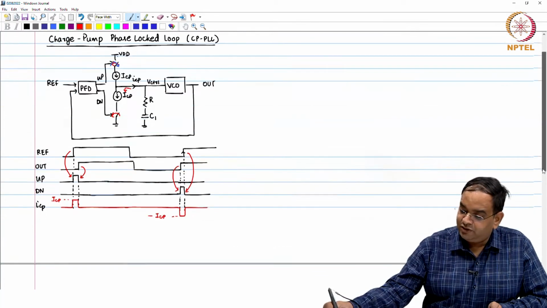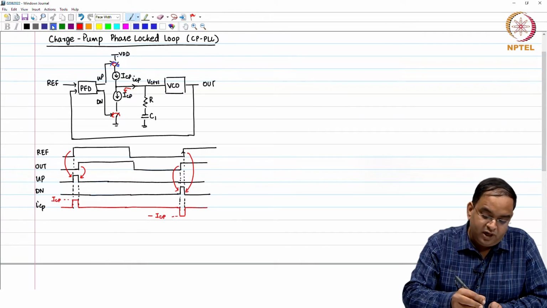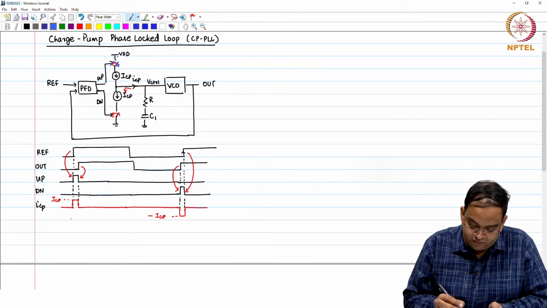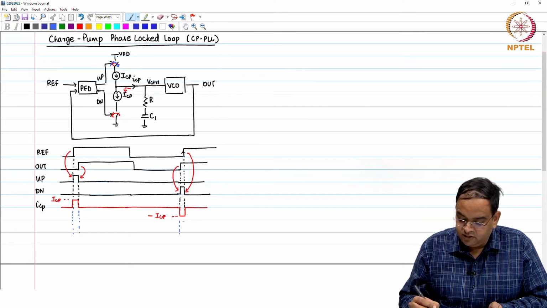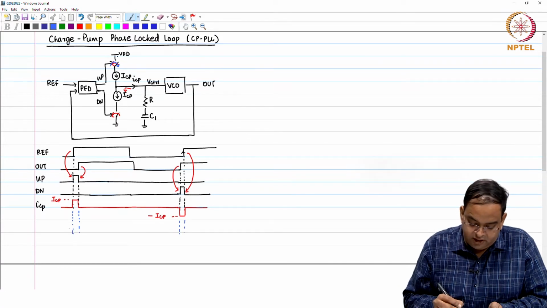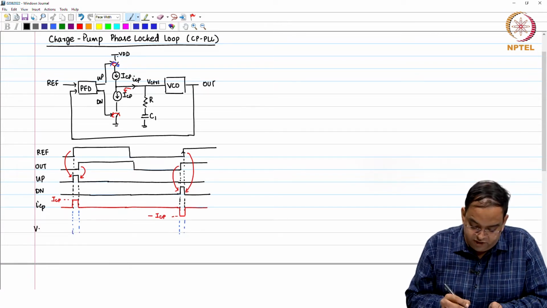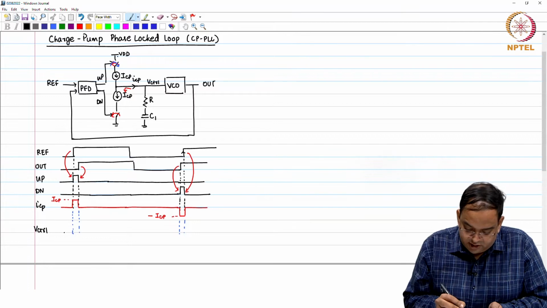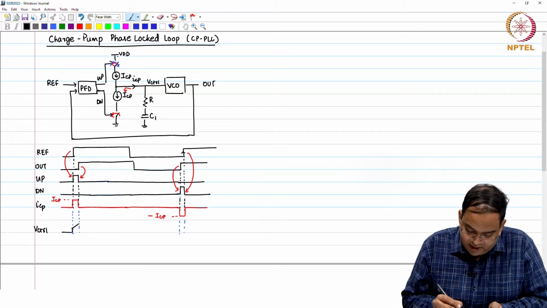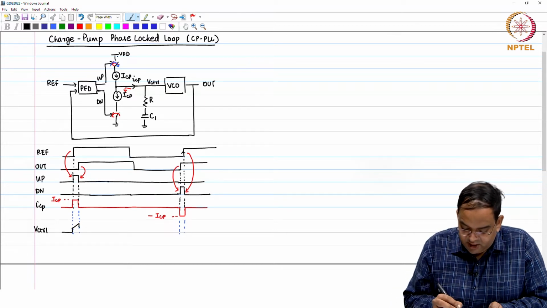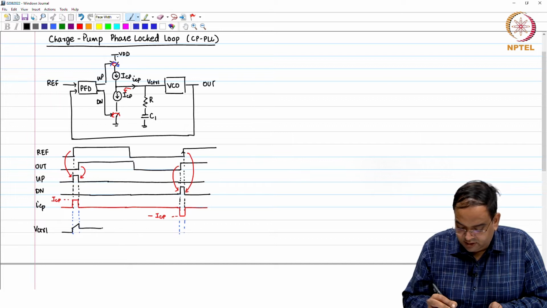Now, in response to this current, you are going to have a change in the control voltage. This control voltage V control takes a jump of ICP R, then it will integrate and come back by ICP R and then remain constant.